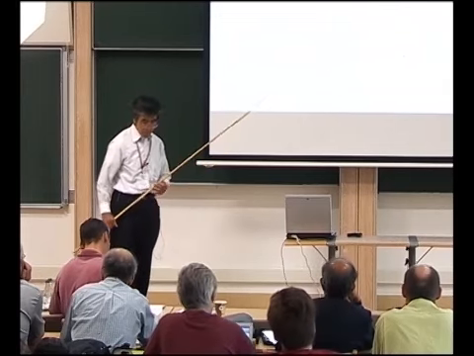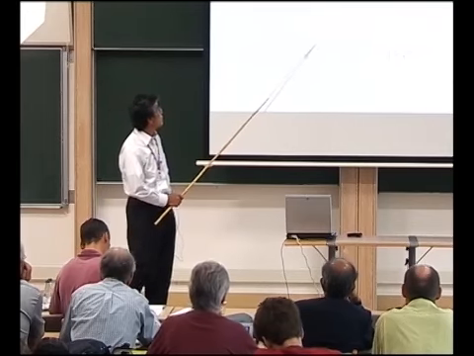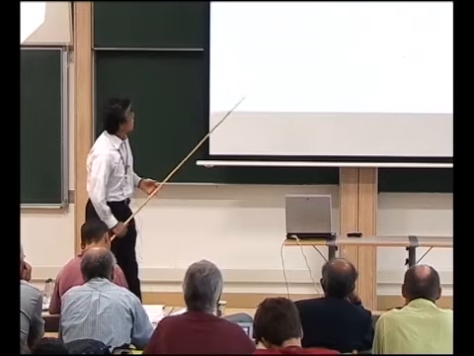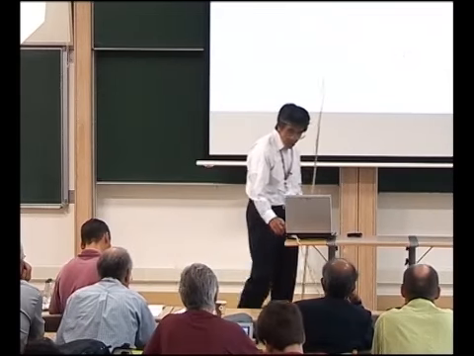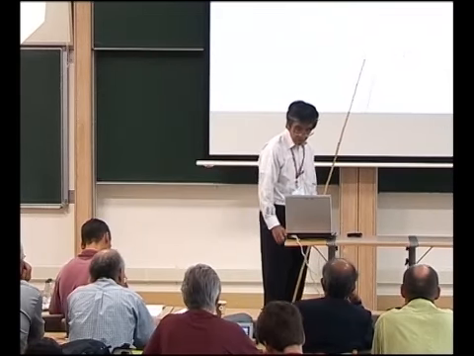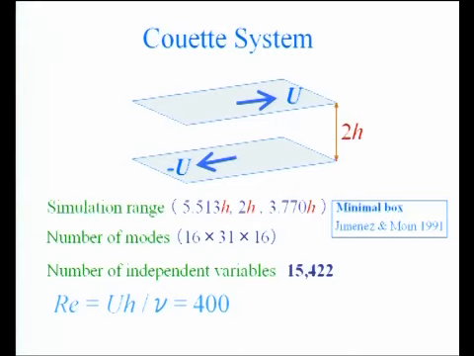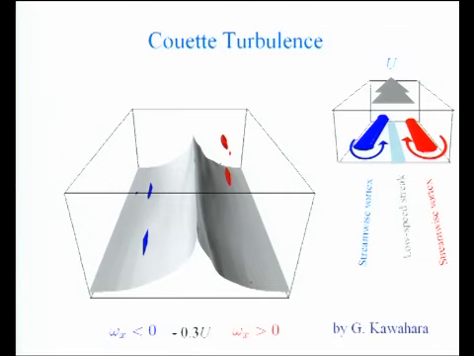We use the spectral method in the simulation, with this number of modes in the axial, wall-normal, and spanwise directions, with Fourier and Chebyshev-Fourier expansion. The total number of independent variables is 15,422, and the Reynolds number is 400. Today we use the unstable periodic flow, slightly different from this, but on the same branch.